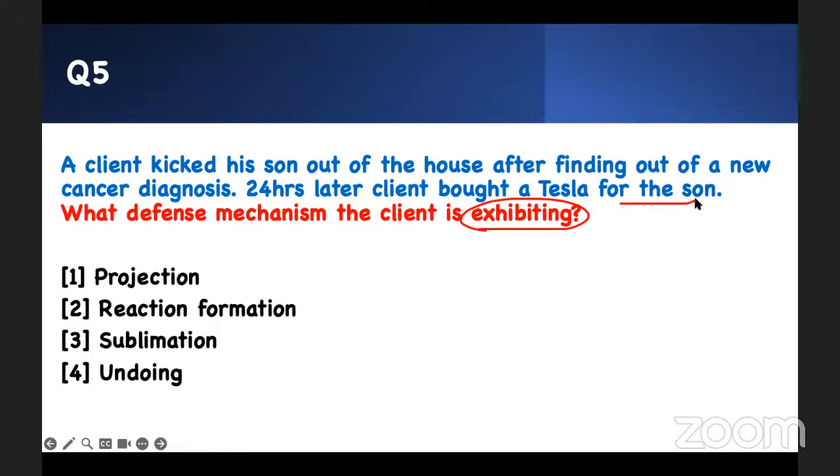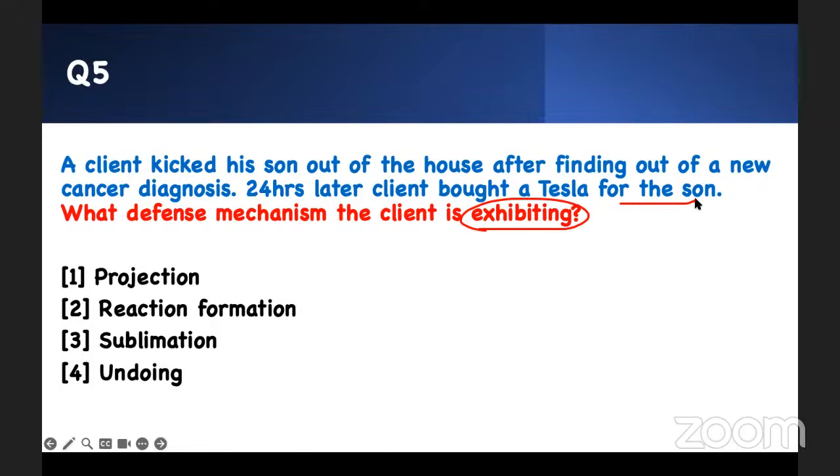Undo what he has done. The bad thing he has done, he is undoing it. Undoing is not the same as sublimation. Like I said, in sublimation I'm transferring the unacceptable feeling into a good one. That is not undoing. In reaction formation, I'm acting opposite to my feeling.